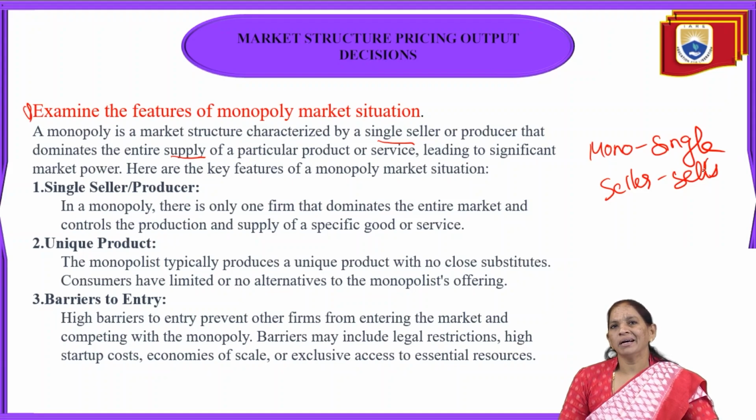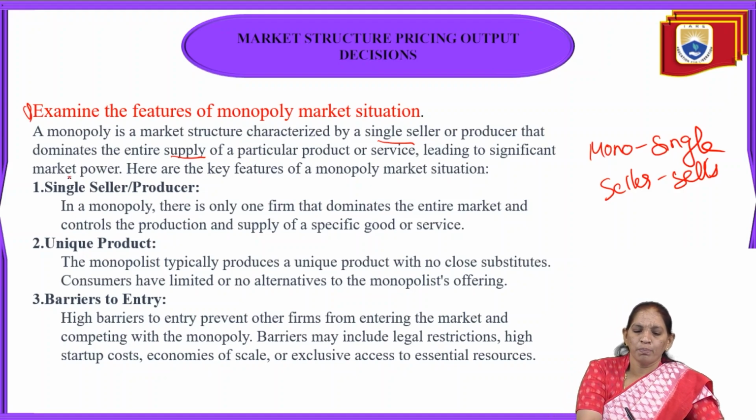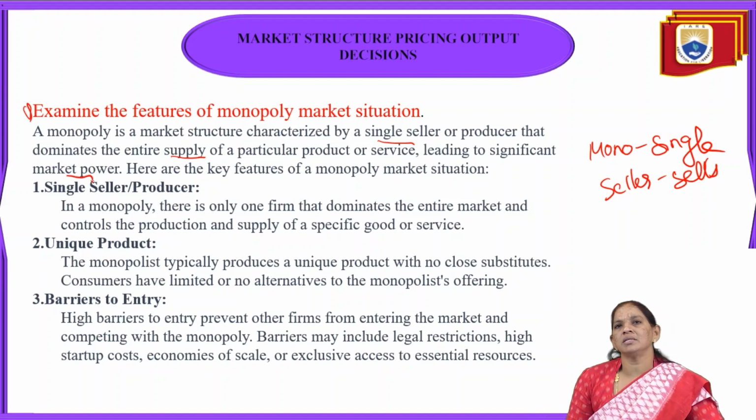Here the market structure consists of a single seller or producer, as he himself dominates the total structure of the market, and he has a significant impact upon the production of goods and services, meaning an impact upon demand and supply, and he captures the major part of the market power. By this we can examine the common features of this monopoly market situation.